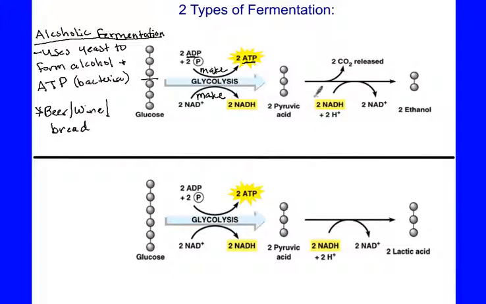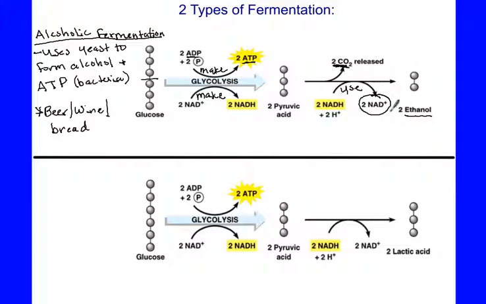Now, once we have our pyruvic acid over here, since there's no mitochondria and no oxygen, we're going to release some carbon dioxide. There's our 2 carbon dioxides. And we're going to take these 2 NADHs and use them, and this is how we're going to get our alcohol, which is called ethanol.